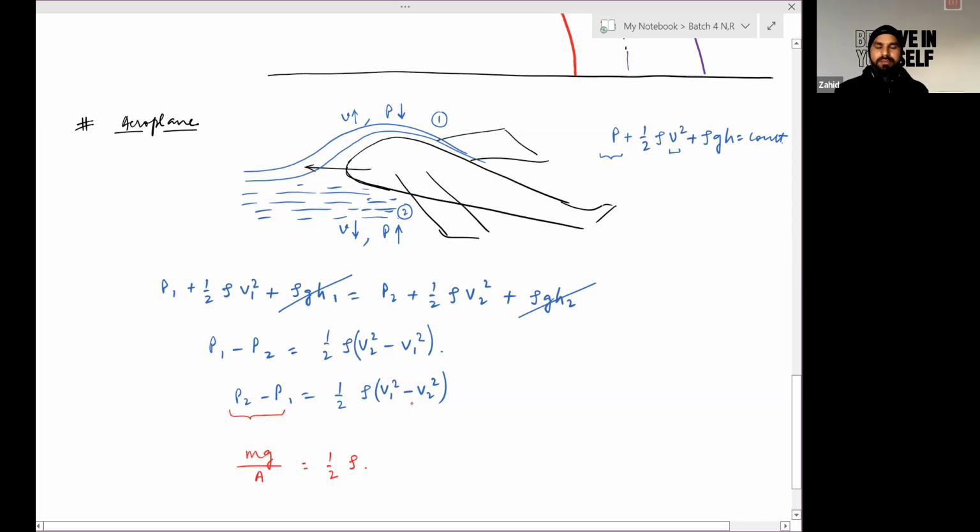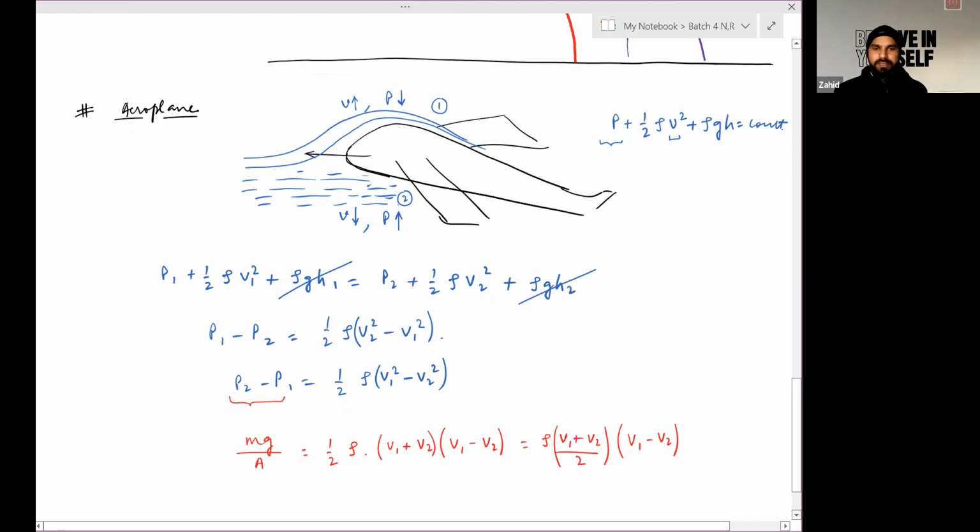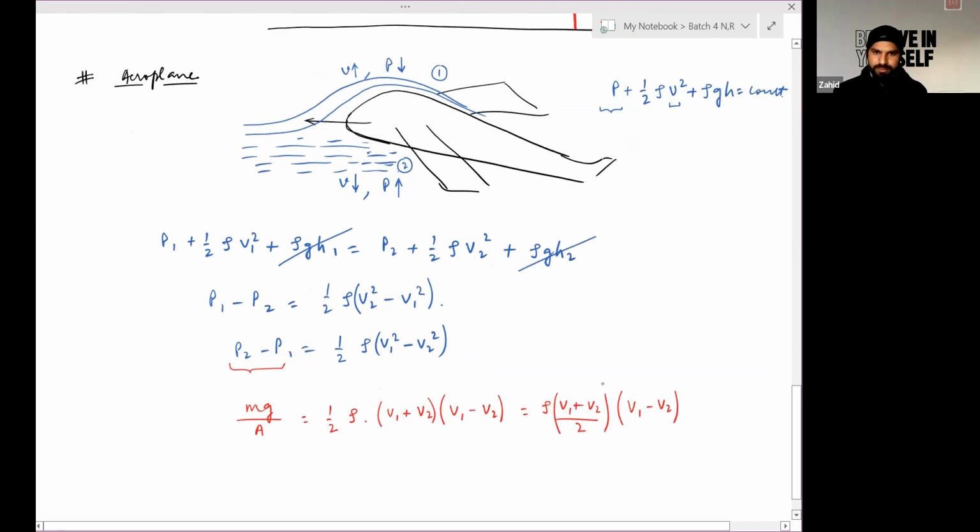We can write this term as (a plus b) times (a minus b), so it will be (v1 plus v2) times (v1 minus v2). We may rearrange this as (v1 plus v2) divided by 2 and (v1 minus v2). The term (v1 plus v2) divided by 2 is called the average velocity, and v1 minus v2 is treated as the difference in velocity between two different layers.